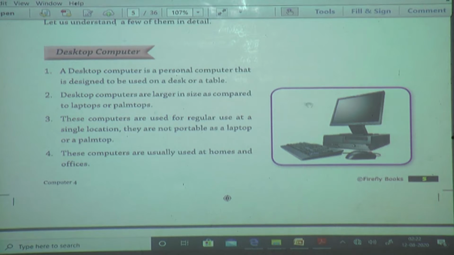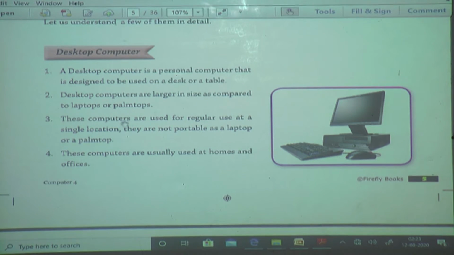Desktop computers are designed to be used on a desk or table. Desktop computers are large in size as compared to laptops.